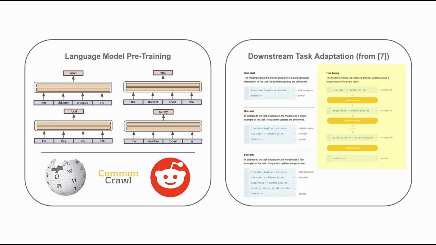For fine-tuning, you give the model a bunch of essentially human selected examples of how you want the model to predict things. You run gradient descent on these handful of examples to bias the model towards a certain style of output.